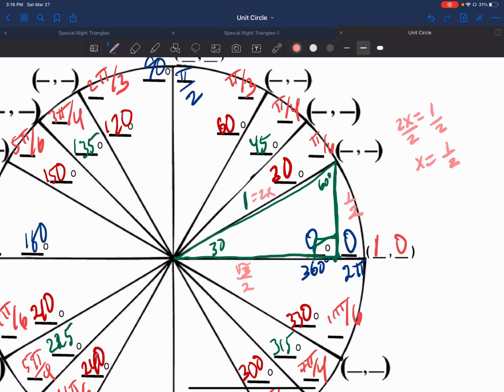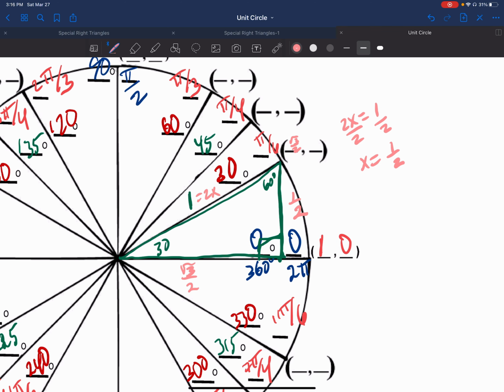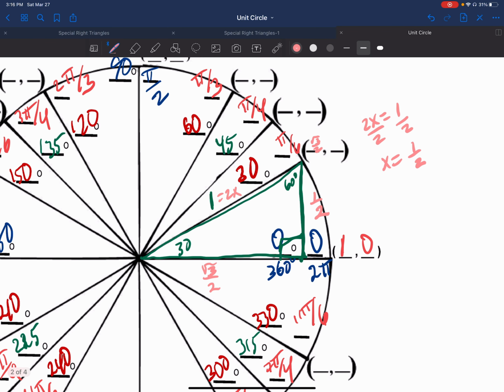So if you notice, the length of this side only goes from the center up to this point, which is here. So I know that this point is going to be equal to square root of 3 over 2. And then I know that the height of the triangle is going to be the y value of this point, which will be 1/2.